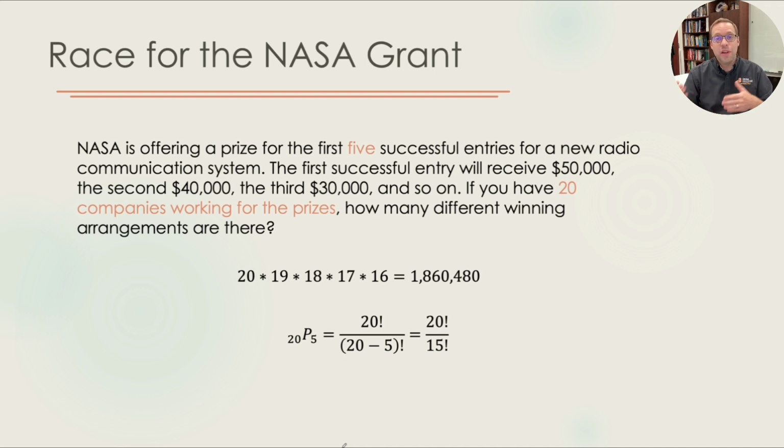And yes, when you spread that all out, you just get 20 times 19 times 18 times 17 times 16, which we've already done. But if you put it in a calculator, sure enough, it's going to give you the same answer of 1,860,480 different ways that these 20 companies can finish in first, second, third, fourth, and fifth places.